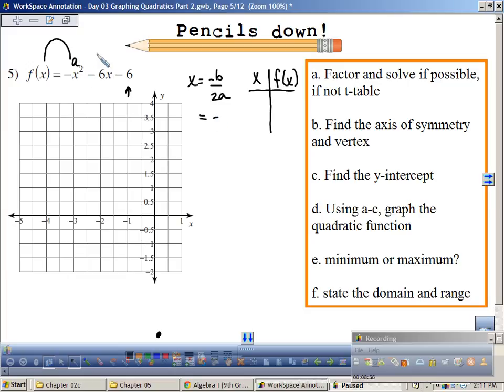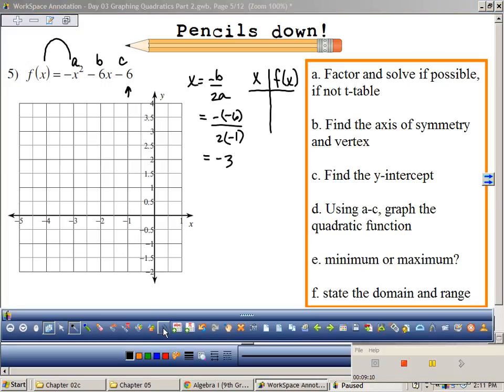If this is a, this is b, and this is c, -b would be -6 over 2 times -1, which would be -3. So my axis of symmetry is at -3.